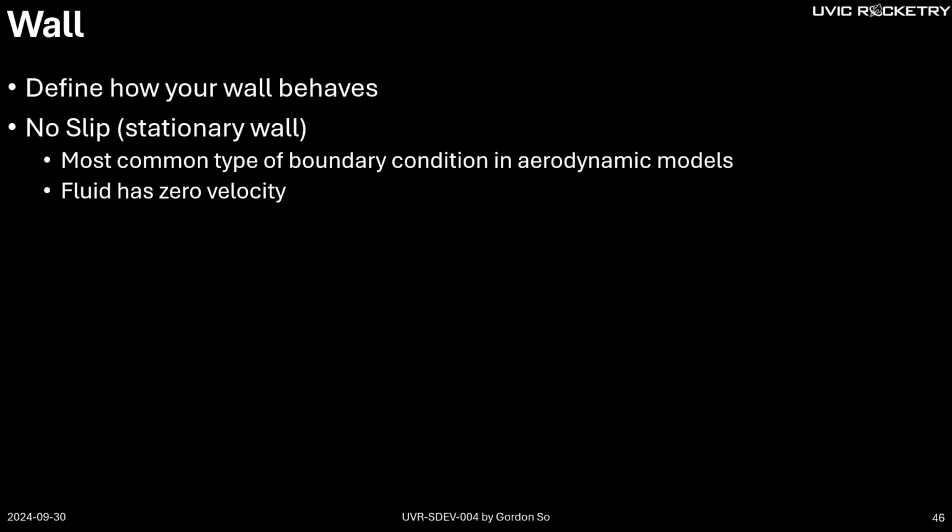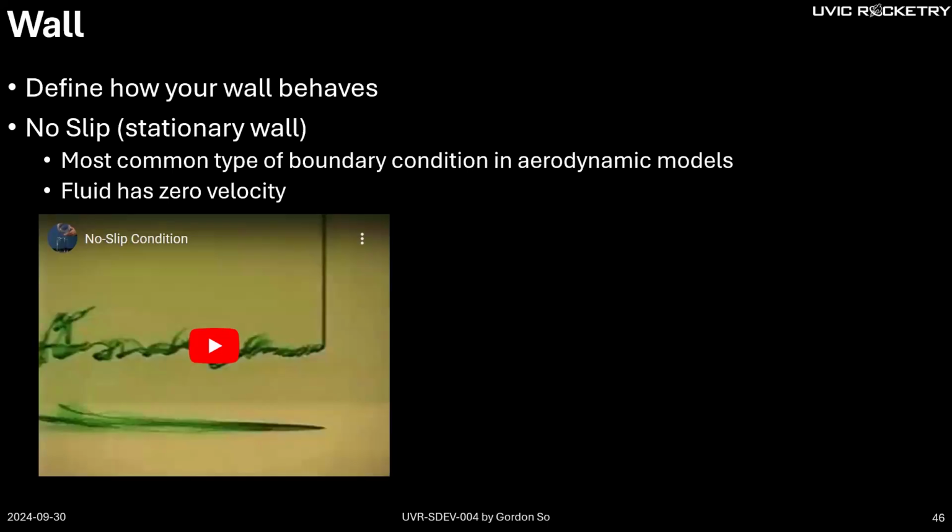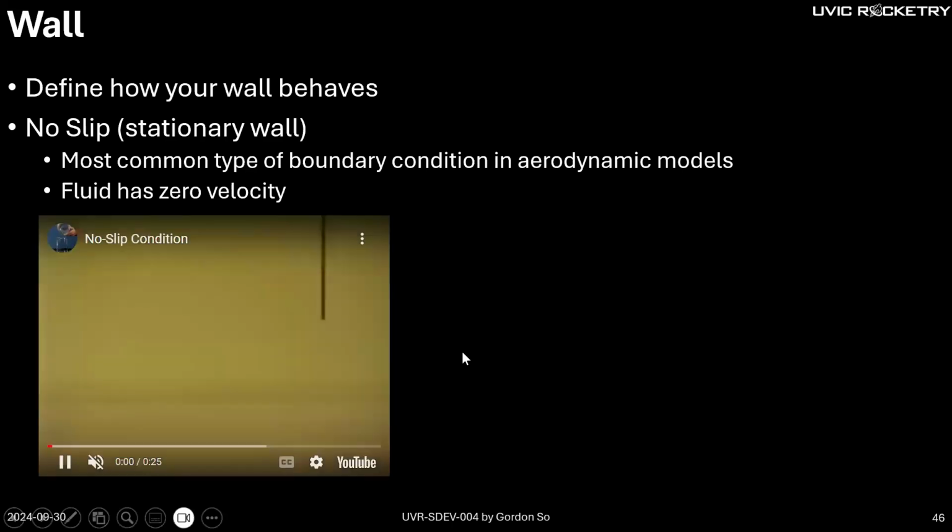A good introduction is the no-slip condition. For example, a stationary wall, like a table. If you want to look at flow over a table, the table will not be moving. The fluid has zero velocity at the surface, and this is a really good example of what we mean by no velocity.